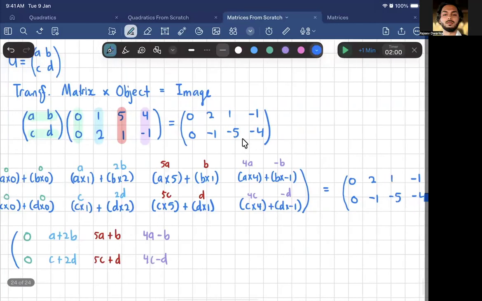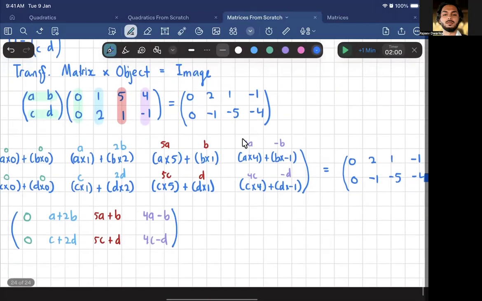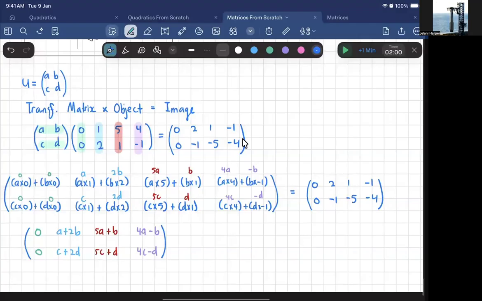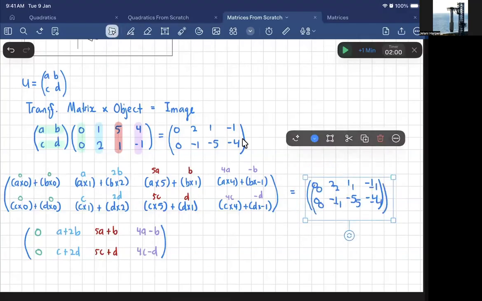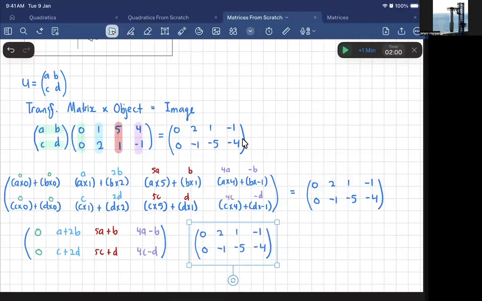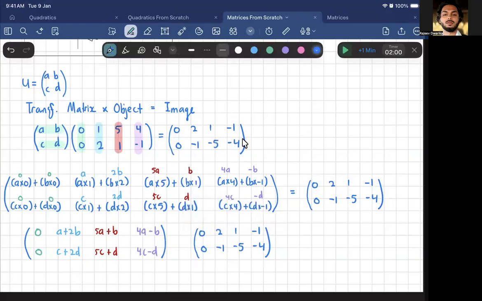And what's the order of that matrix? 2 by 4. Because you have 2 rows and you have 4 columns. So anytime you have the same order, you are allowed to equate elements.